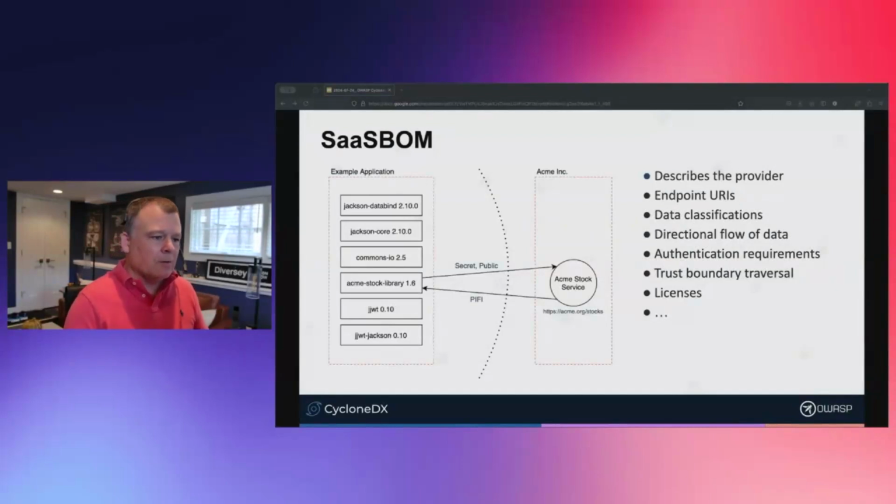This particular example illustrates a traditional SBOM. This is my example application. A traditional SBOM, but with one library's reliance on a service. So in this example application, it looks like a stock ticker type of thing.